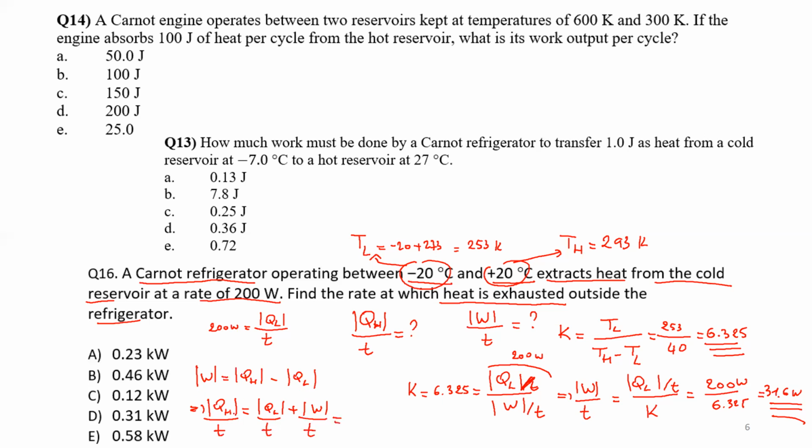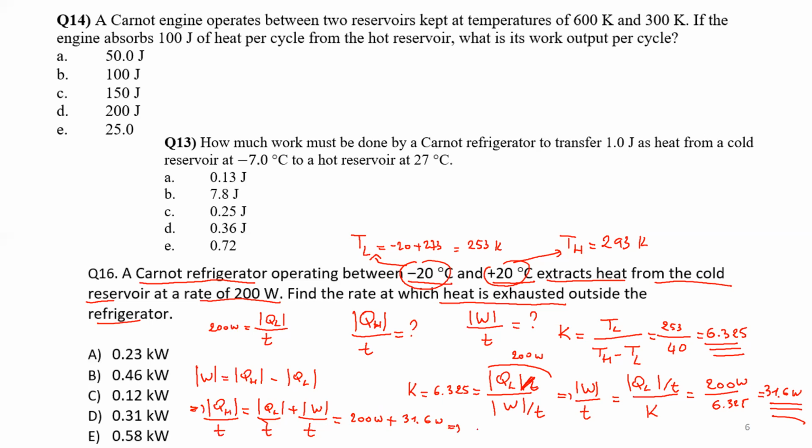In other words, the rate at which heat is exhausted outside the refrigerator is just equal to this, and we know this already. QL divided by time was given, so basically 200 watt plus the work per unit time, or the power that I'm providing to the refrigerator, which is 31.6 watt.